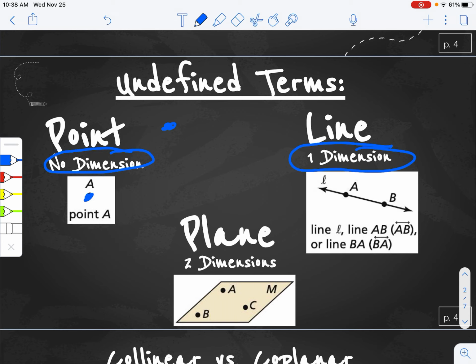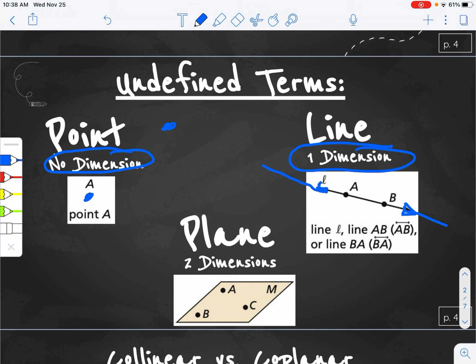Next one is a line. And the book points out, and we want to point out, that a line is only 1 dimension. Now, when we're labeling and talking about a line, we see that first thing that has the arrows on both ends. So that means it technically continues forever and just keeps on going.